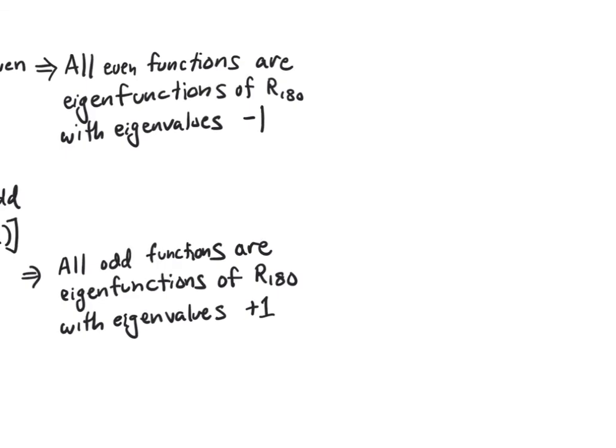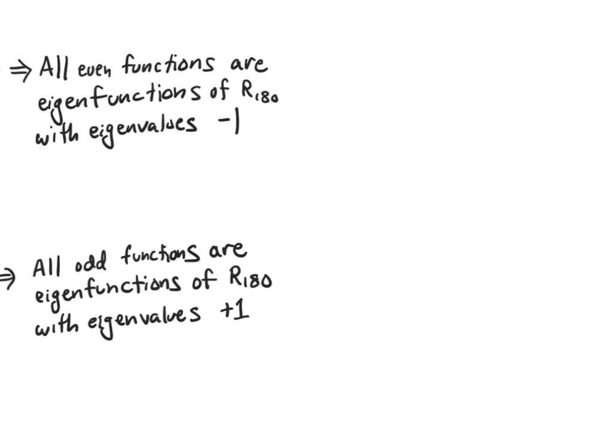So let's analyze this in a little bit more depth. What does it mean to be intact, if you will? That is not a technical term, by the way. And what is the significance of the negative 1 eigenvalues for our even functions and the positive 1 eigenvalues for our odd functions? Once again, let's consider a graph of, in this case, let's just pick an arbitrary even function.